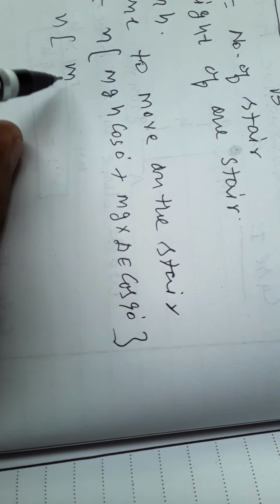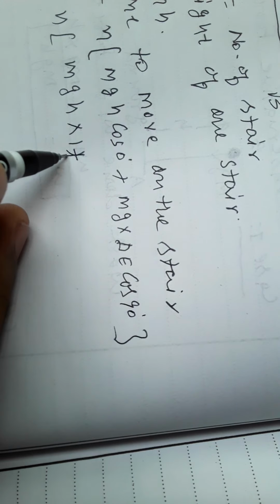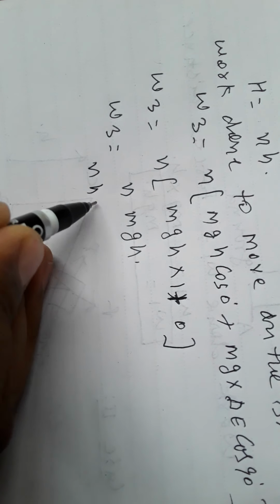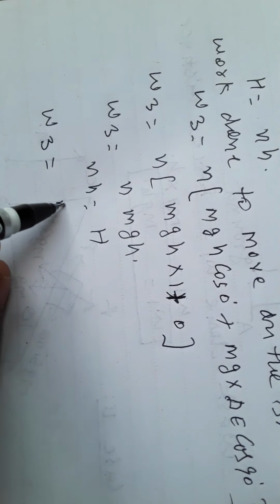W3 is equal to n into mg into h, cos 0 is 1, plus cos 90 is 0, so that part will be 0. W3 is equal to n into m into g into h. Now n into h is equal to total height. So W3 is equal to mgh.